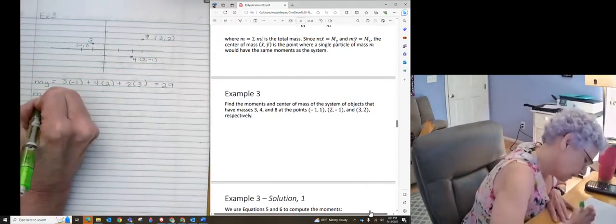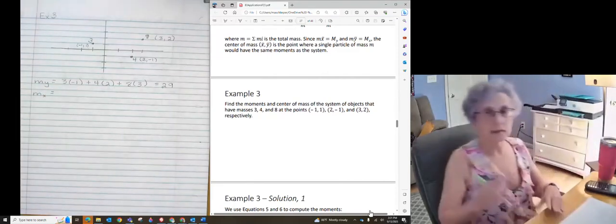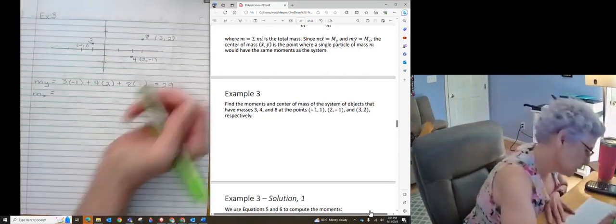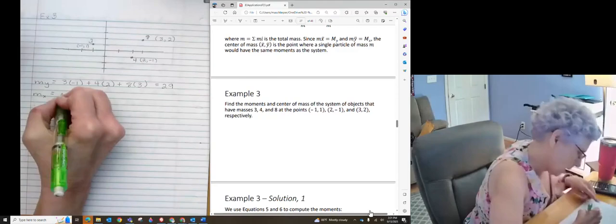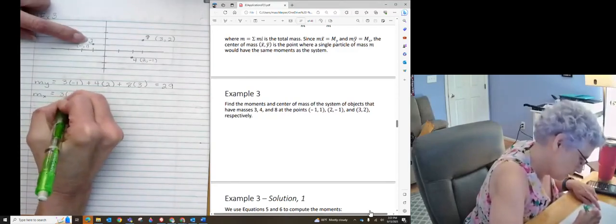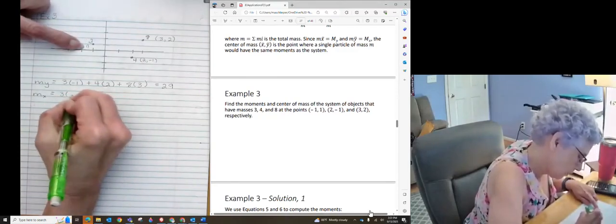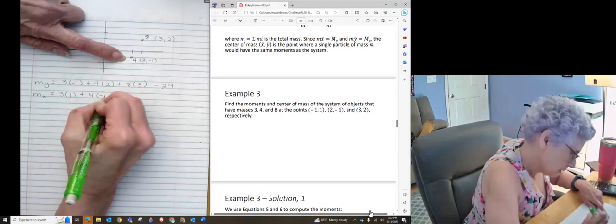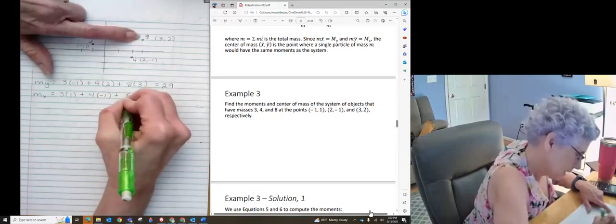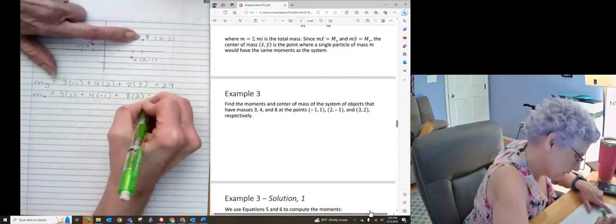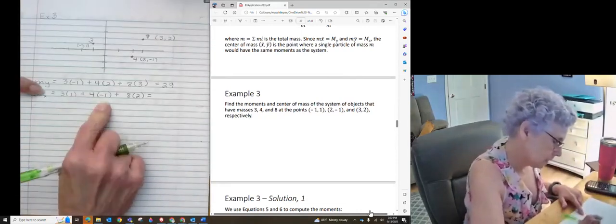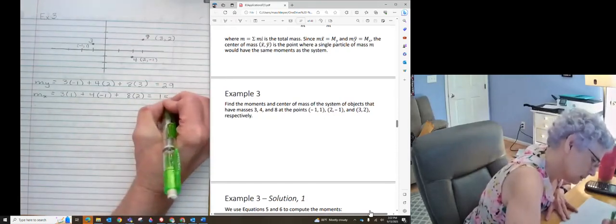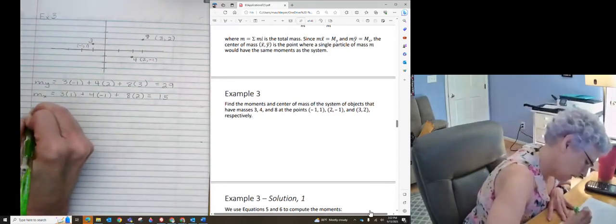And then the moment around the x-axis, so my tendency to flip in the x direction, I take 3 times my y-coordinate plus 4 times my y-coordinate plus 8 times my y-coordinate. 3 minus 4 is minus 1 plus 16 gives me 15.